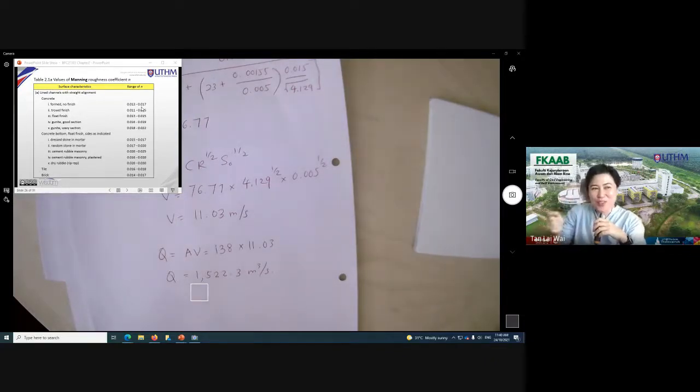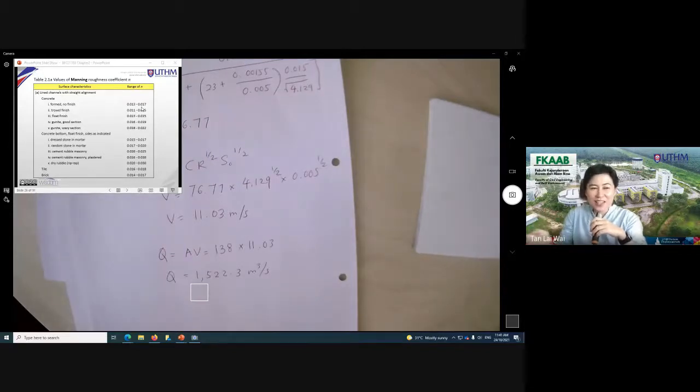If you use 0.017, you get slightly lower velocity. Now the easiest way is you can use the average. That means 0.013 plus 0.017, you divide by 2, that will give you the average n. Am I right?